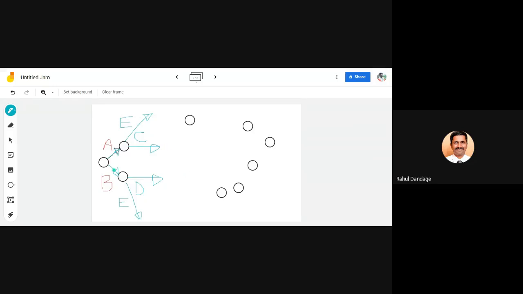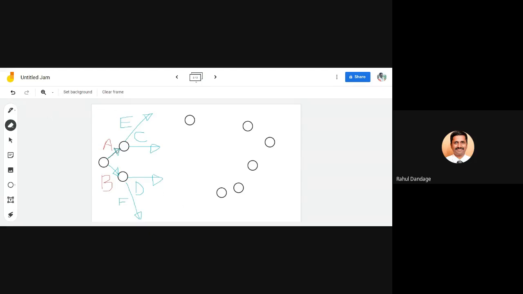A and B independent, C depends on A, E depends on A, D depends on B, F also depends on B. That's why this particular event is a burst event, and this particular event is also a burst event. Understood? Any doubts up to this? A, B, C, D. Sorry, this is not E. It should be F. So this is the beauty of using software.